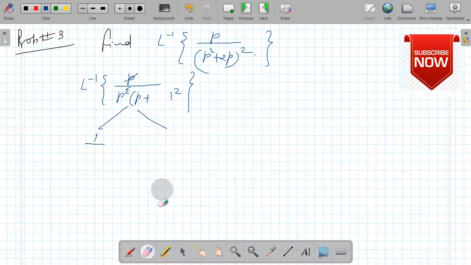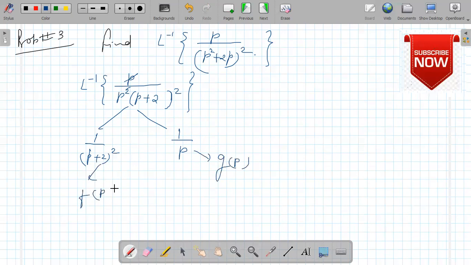Okay, now this is correct. When you take 1P as common, 1P is left here, and here only 2 is left. I have by mistake written P here. I'm sorry for that. So this is divided into two parts. One is 1 upon P plus 2 whole square. Another is 1 upon P. So this is selected as GP, and this is selected as FP.